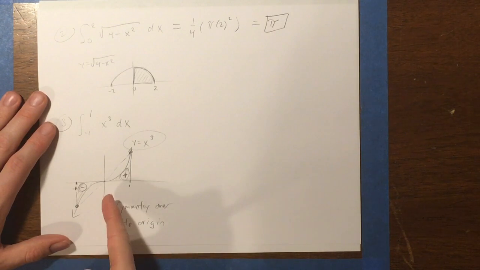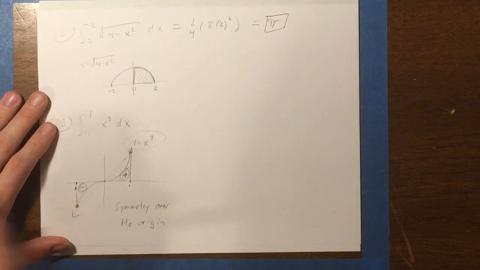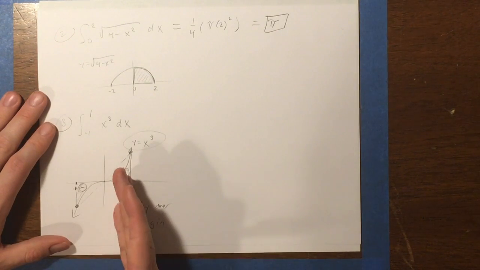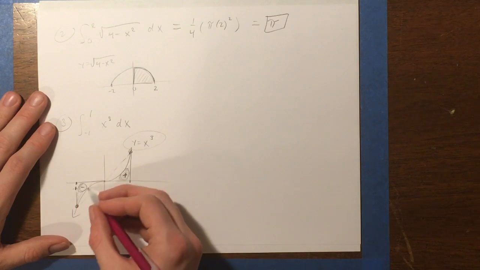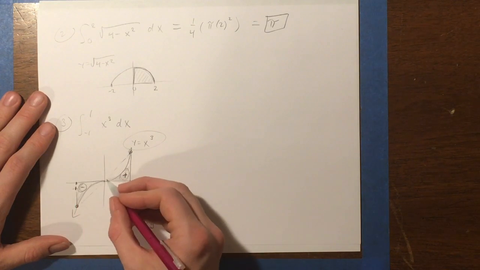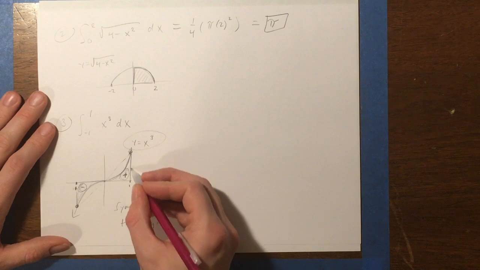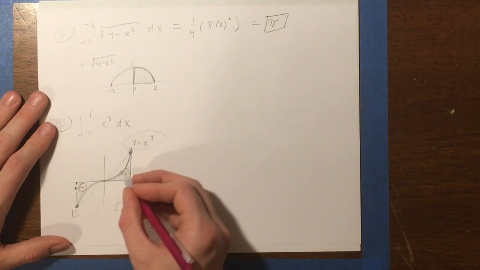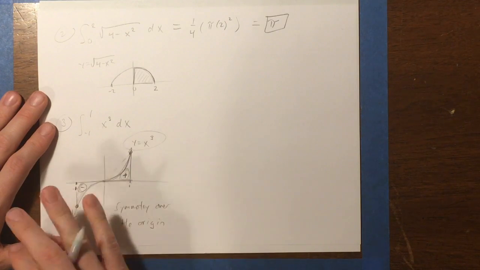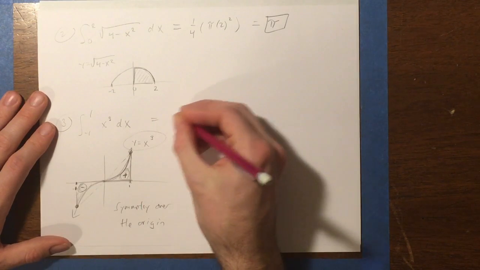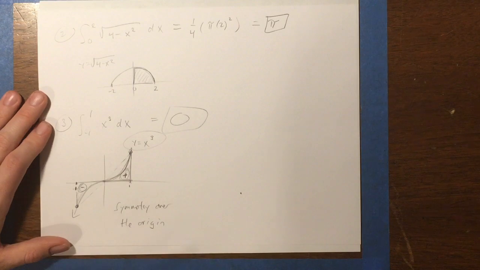Because of the symmetry, and because we're going out the same distance to the left and the same distance to the right, the area that we're capturing beneath the x-axis is exactly equal in value to the area we're capturing above the x-axis, which means that the negative part and the positive part completely cancel one another out and give us a definite integral equal to 0. So that one was pretty easy too.